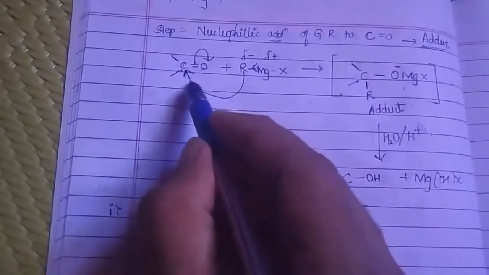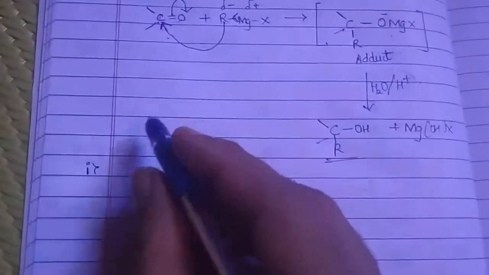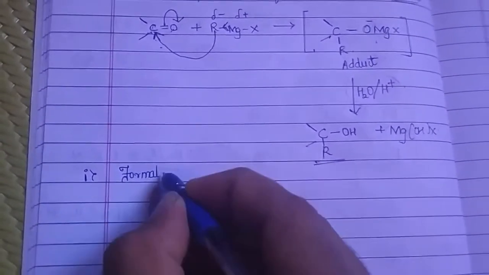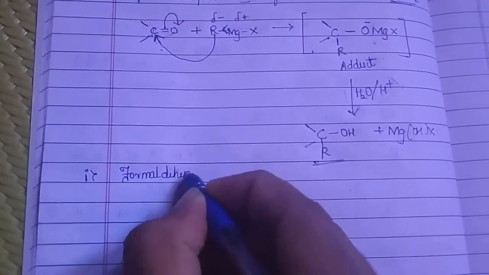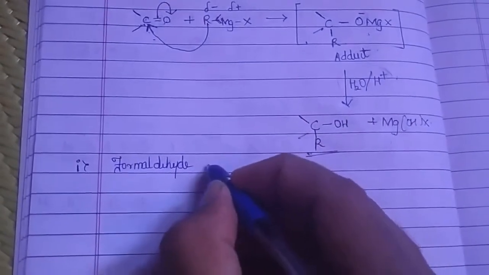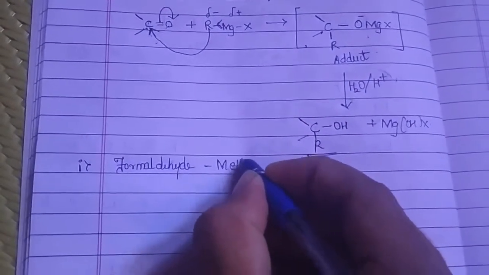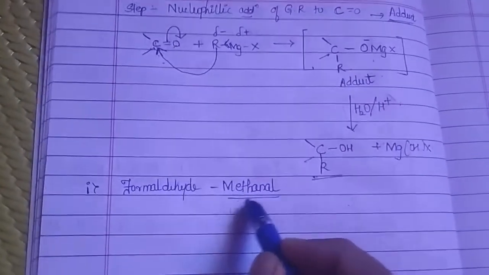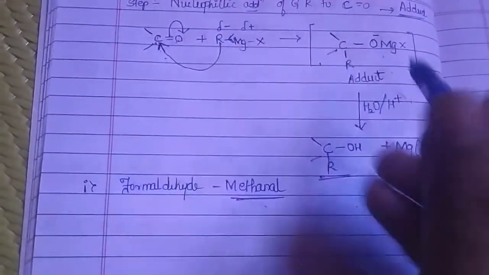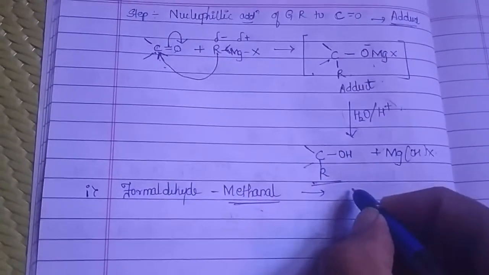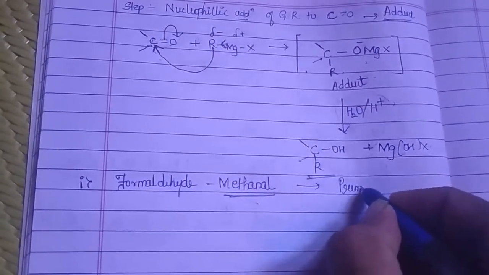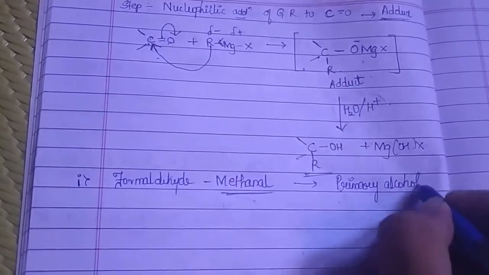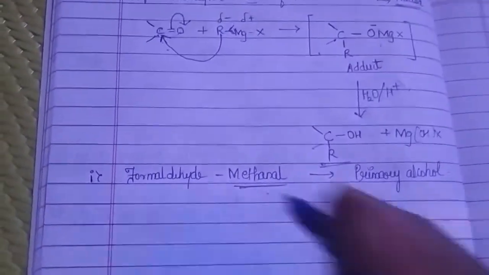Whenever we are talking about an aldehyde, and more particularly formaldehyde, this is a common name. Its IUPAC name is methanal. When this methanal is treated with a Grignard reagent, it will give only a primary alcohol. Is that clear?